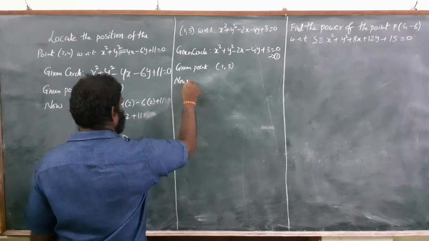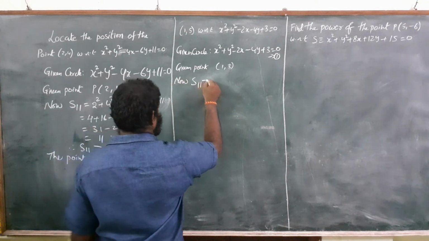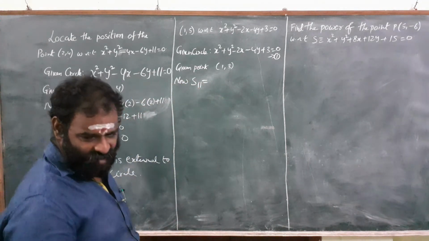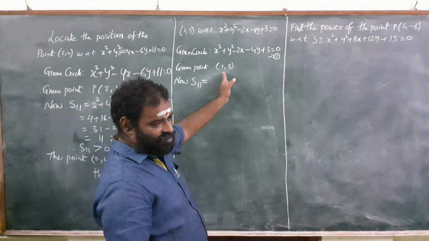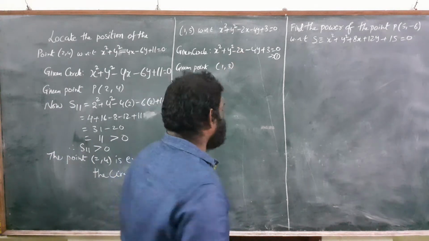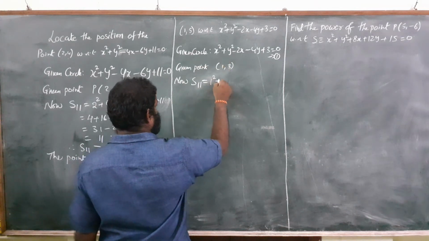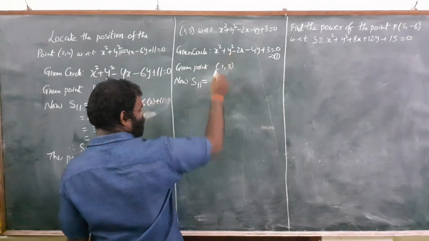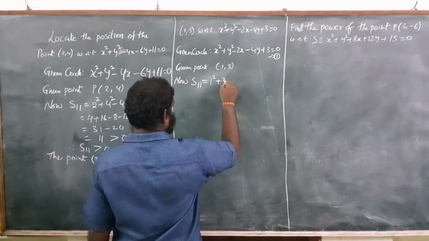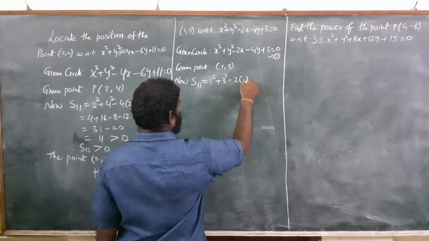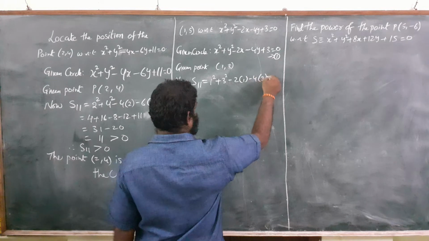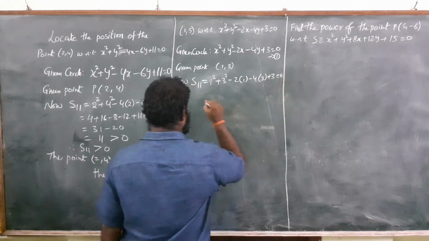Now what are you going to find? S11 here also. S11 means you have to substitute this point in this circle. In place of x you substitute 1 square plus, and in place of y you substitute 3 square minus 2 into 1 minus 4 into 3 plus 3.